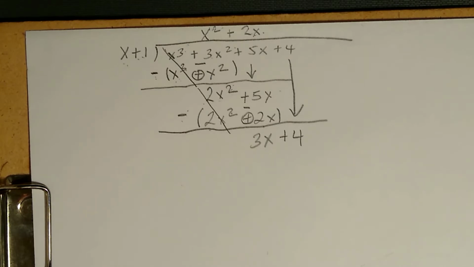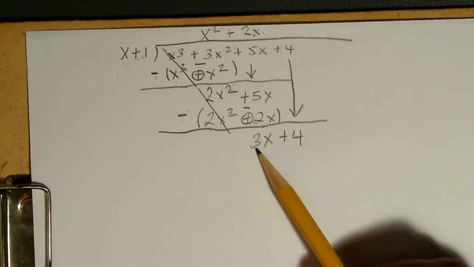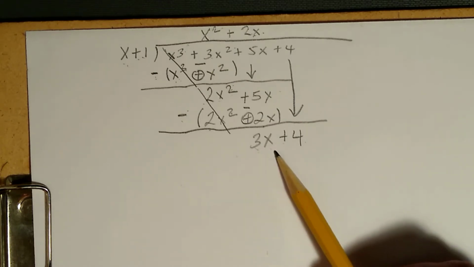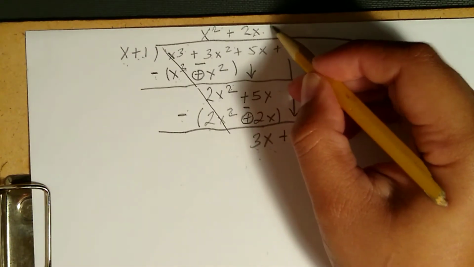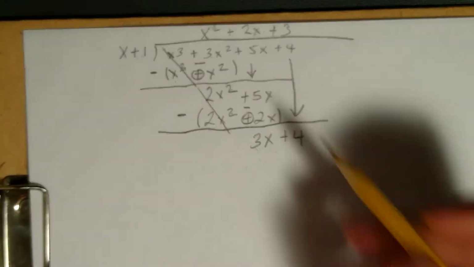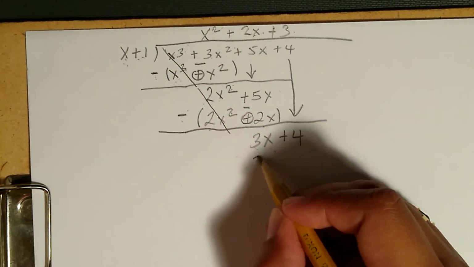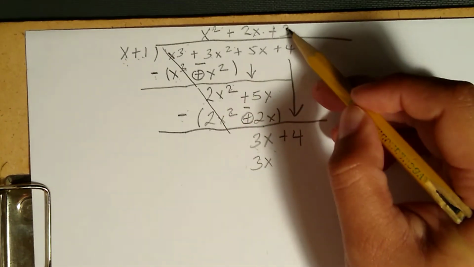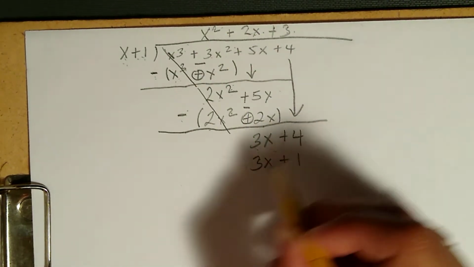Then we see that we have 3x here plus 4. We can have a negative 3x here to cancel out. So we can use 3. We can use plus 3. 3 times x is 3x. 3 times 1 plus 1.